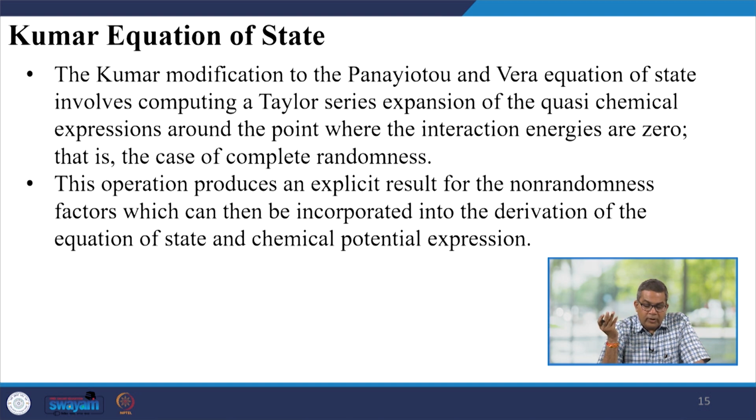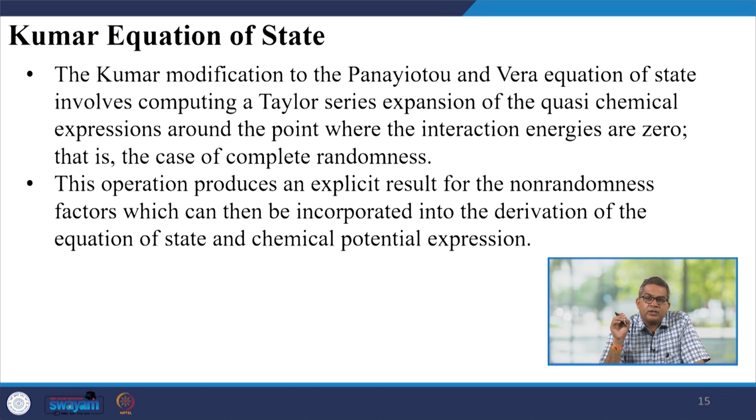So, the Kumar modification to the Vera equation of state involves computing a Taylor series expansion. All of us are aware of the Taylor series. So, a Taylor series expansion of the quasi-chemical expression around the point where the interaction energies are 0, and that is the case of complete randomness.